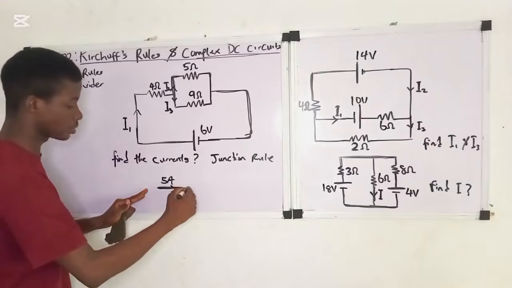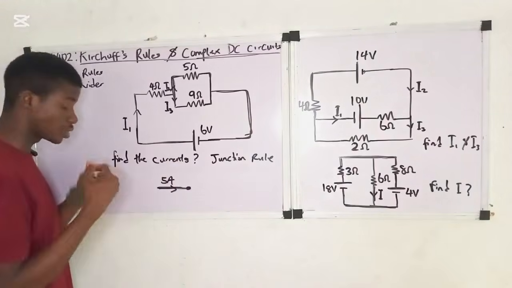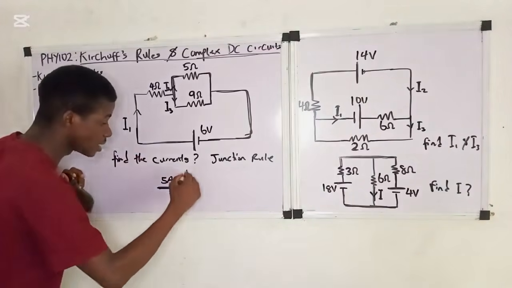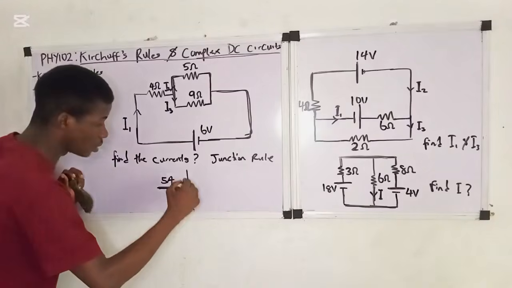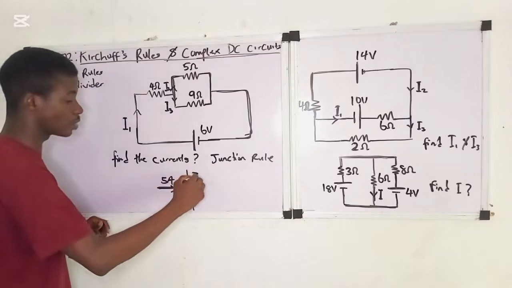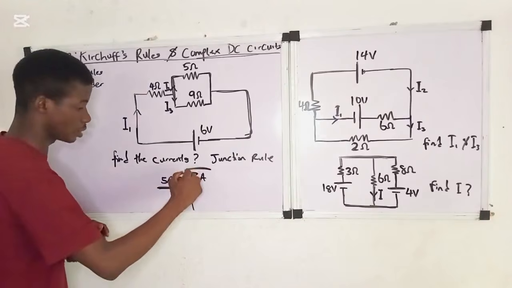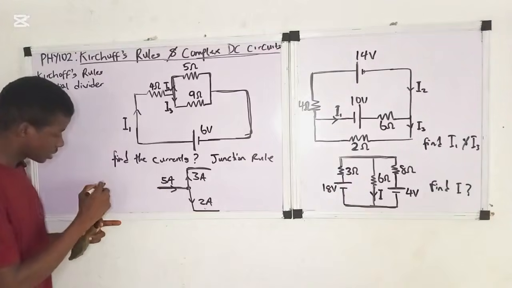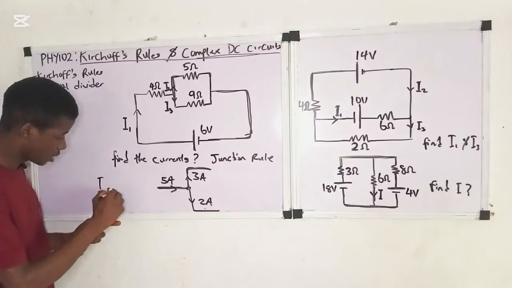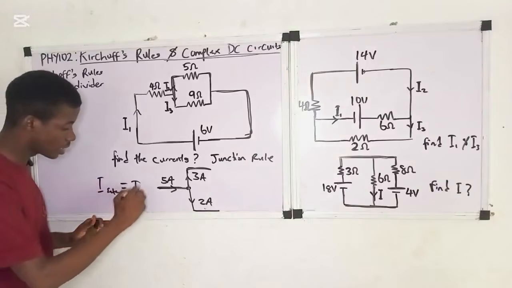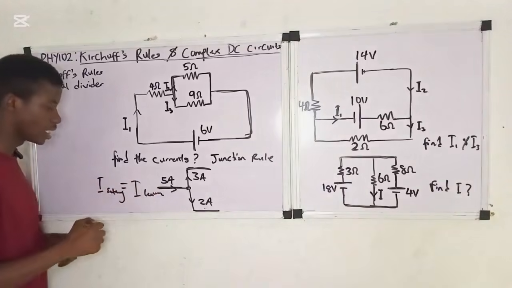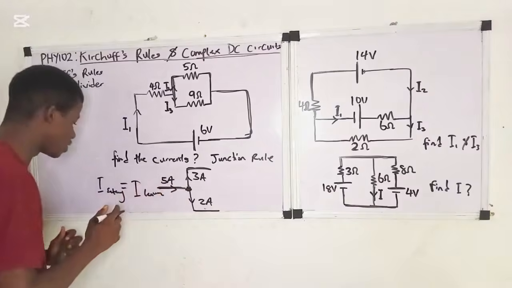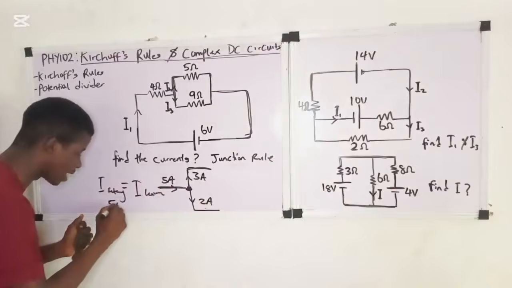This is a junction. Now, where is the current entering the junction? Here, the current entering the junction is 5 ampere, right? Yes.